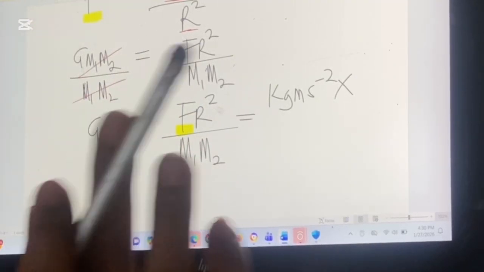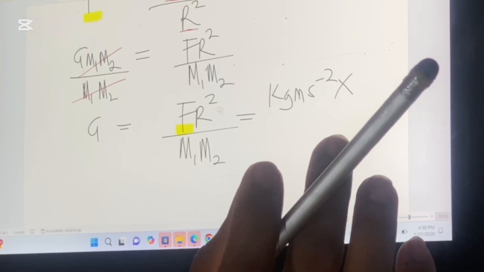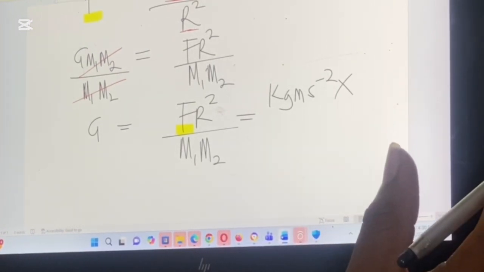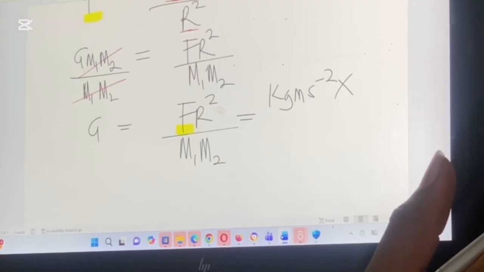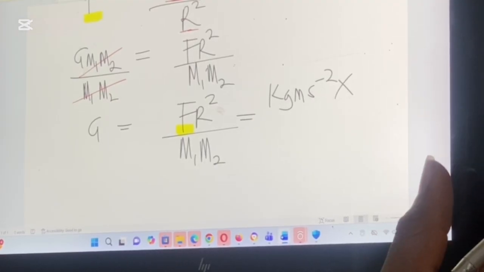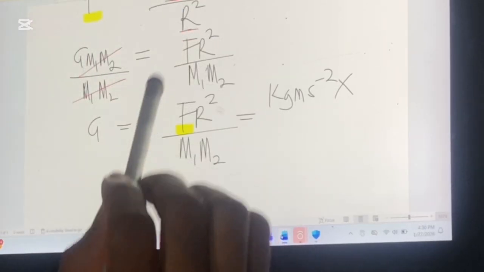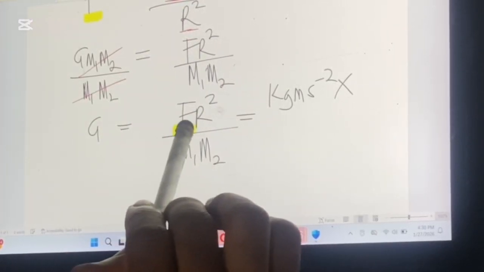Remember, the first step whenever you are calculating units is to write down the formula of that quantity you are asked to find the unit of. The next step is to reduce the formula to its fundamental quantities. We already know the unit of force is kg meter per second squared.